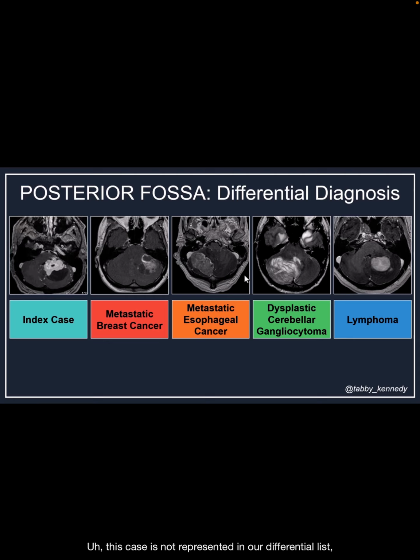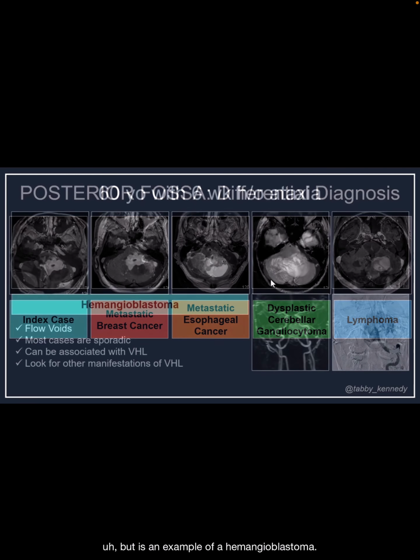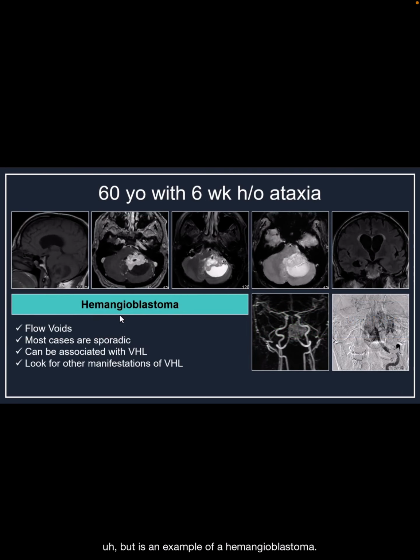This case is not represented in our differential list, but is an example of a hemangioblastoma. Hemangioblastomas are the most common primary tumors arising from the posterior fossa in an adult. They can be sporadic, but they can also be associated with von Hippel-Lindau syndrome.